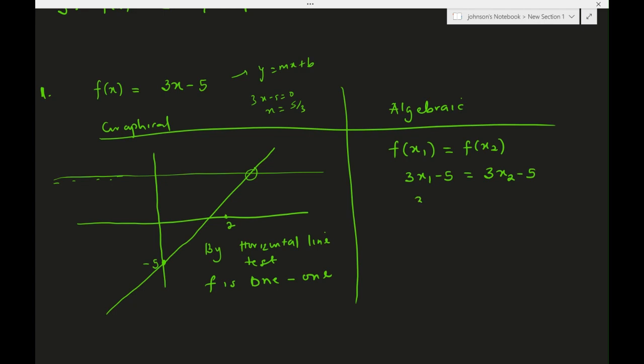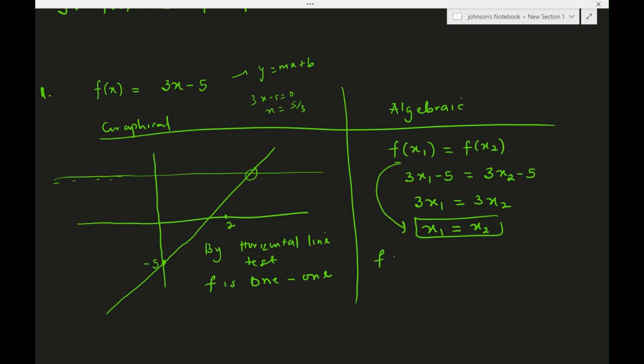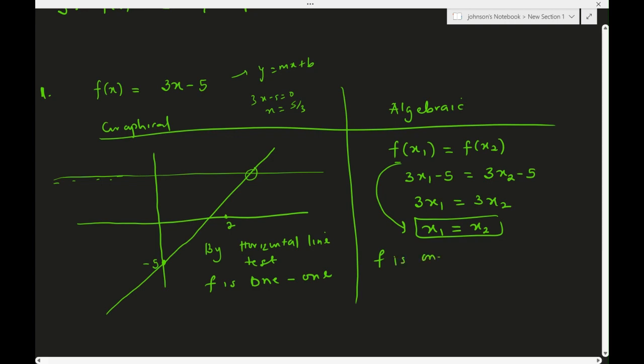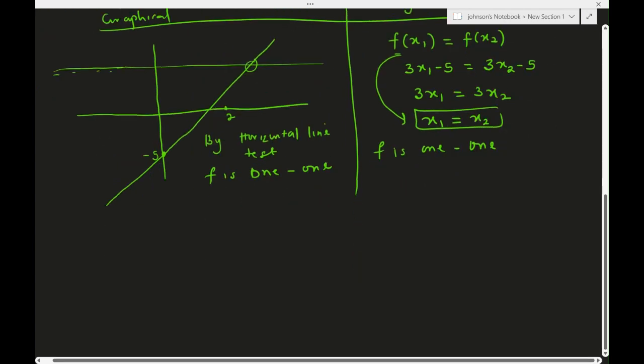And now the minus 5 and minus 5 will go. So you have 3x1 equals 3x2, which simply means that x1 equals x2. So we started from assuming this, and we're able to get that x1 equals x2. So hence f is one-to-one. All right, that's it.